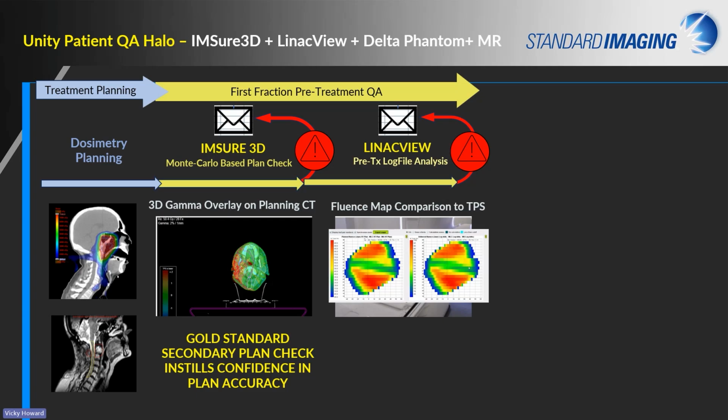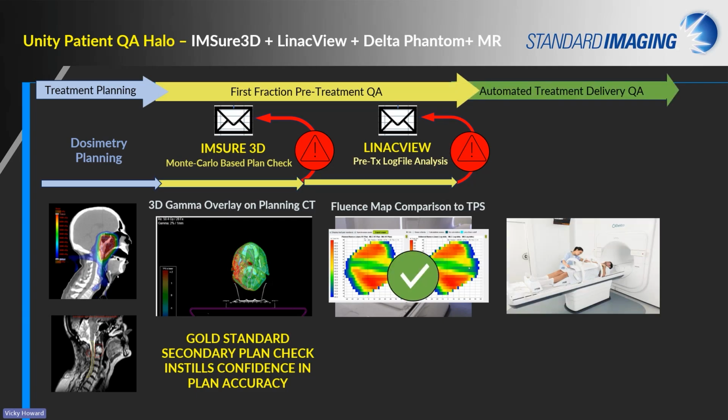And then LinacView software, at the end of treatment delivery, will grab the accelerator log files, and it will do a calculated fluence based on machine performance and do a side-by-side or a gamma comparison of the two. So that way you have assurance of the deliverability of that plan before you have even treated. And it gives you a semi-baseline for the delivery of that plan and pseudo-adaptive plans moving forward.